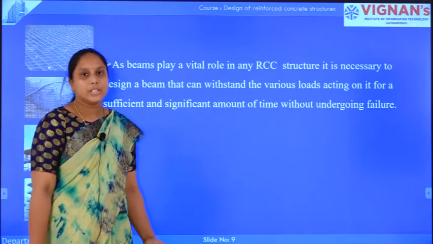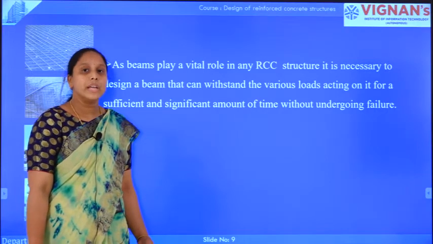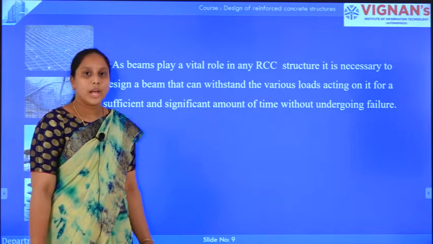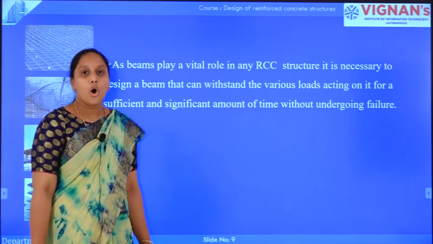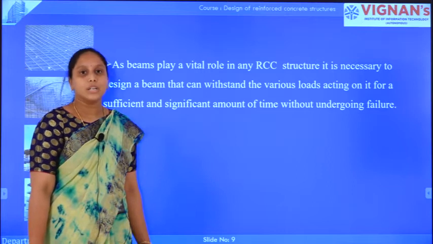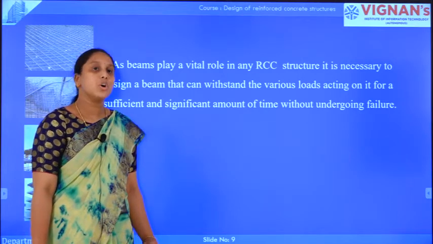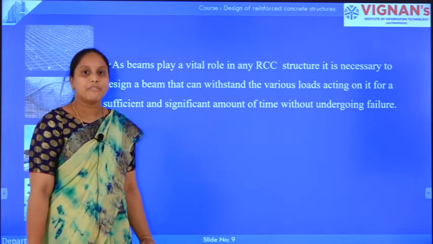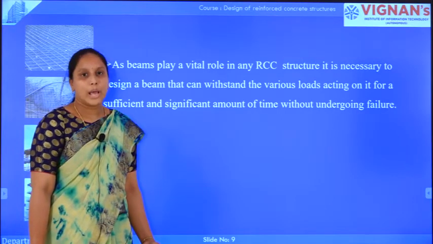Whenever you are designing a beam, you have to design it in such a way that for a sufficient period, the beam will withstand or resist all the loads acting on it without causing any discomfort to the users, that is, without showing any signs of deflection or cracking, and without collapsing, that is, without failure.